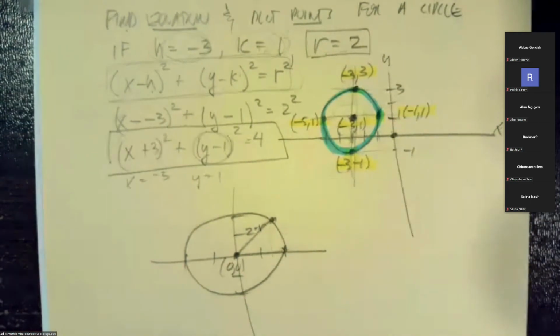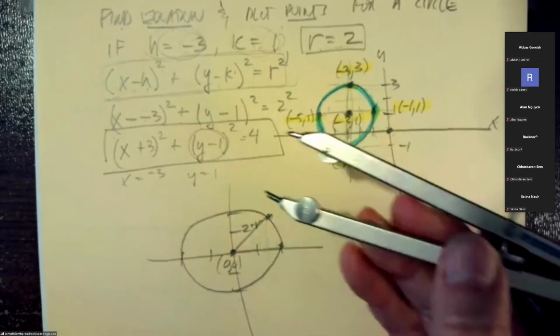If you were to, let me see if I've got a compass here that would work. Do I have a compass around here somewhere? I used to. I don't know if I still do or not. Well, yes, I can use this one. Here's a compass.